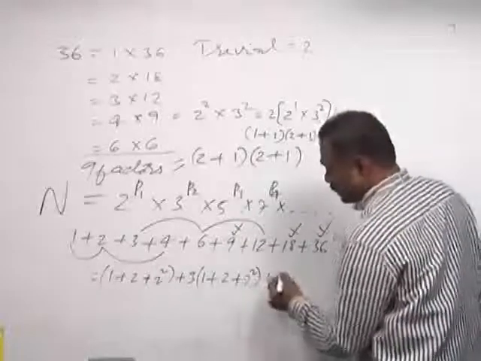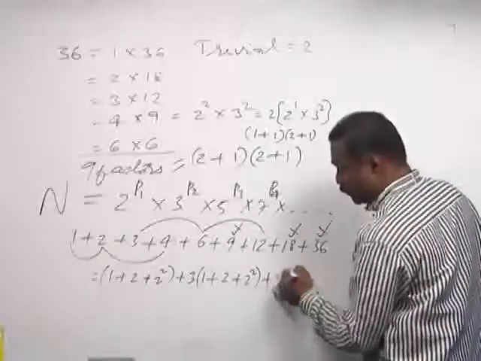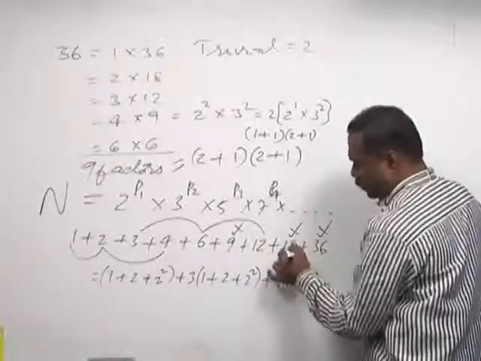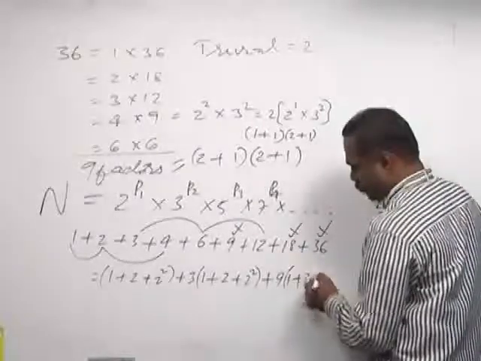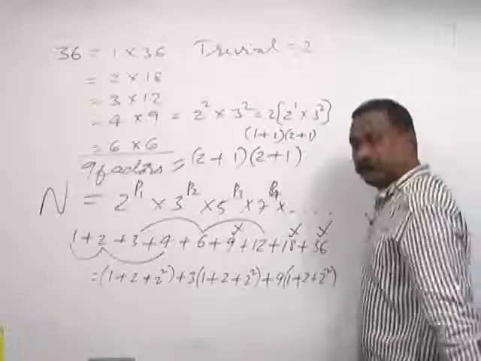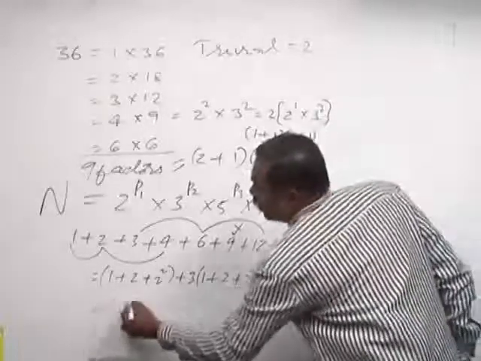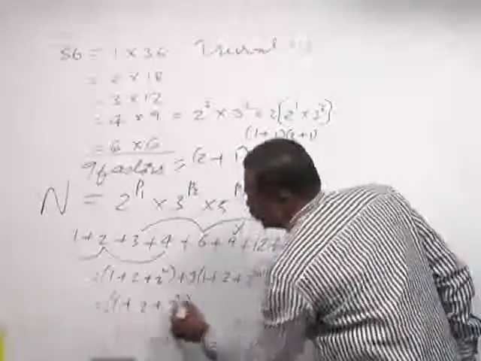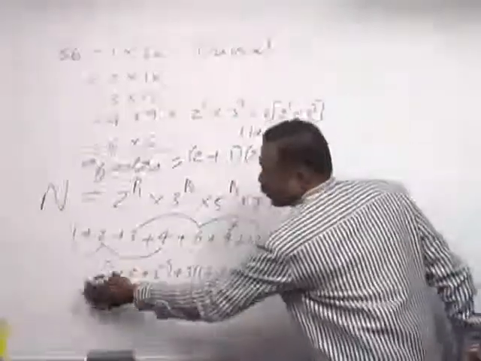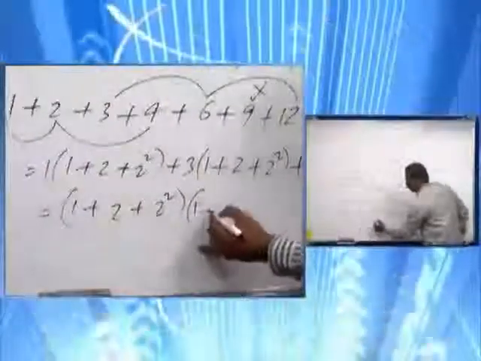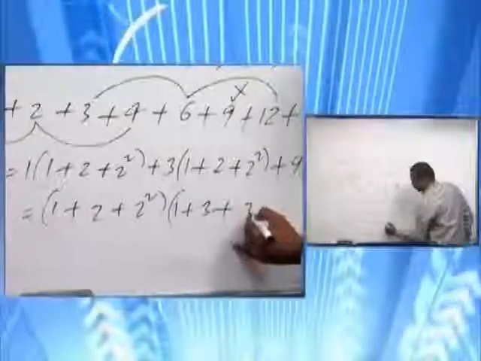In this, I can take 9 common. It is 1, it is 2, it is 2 square. So what will you get here? 1 plus 2 square into, again, if you take this common, 1 plus 3 plus 9, which is nothing but 3 square.